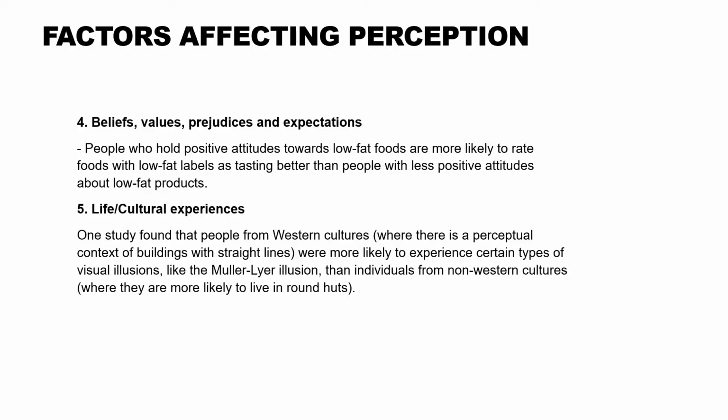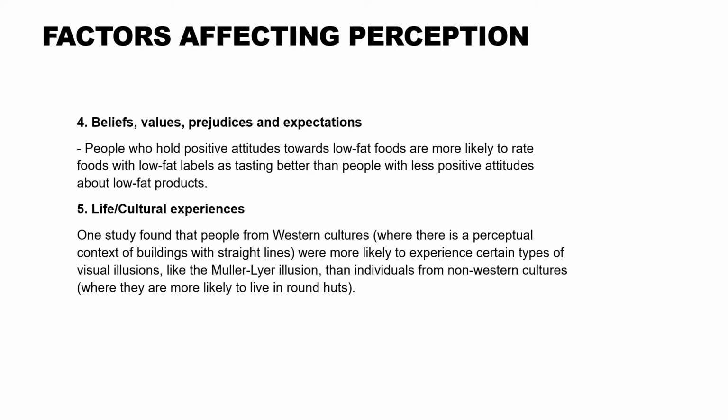Our beliefs, values, and prejudices and our expectations can also affect our perception. I would encourage you to think about your own experiences with how you've perceived things, how you've perceived food, how you've perceived music, and how that perception has been based upon your own expectations, your own beliefs, and your own values or prejudices.